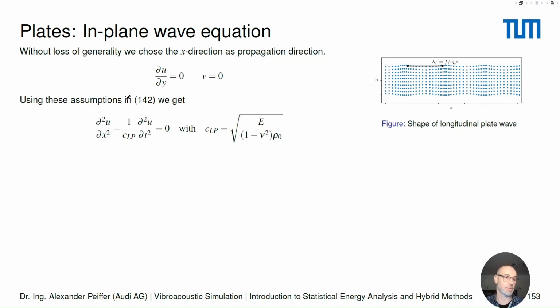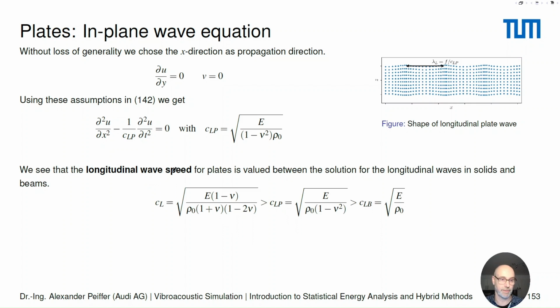With these assumptions, we can find a relatively simple wave equation in x direction, which looks like that. And we know that this is supposed to be the wave speed, and it would give this equation here. It might look similar to other longitudinal wave speeds, and the thing is quite simple.